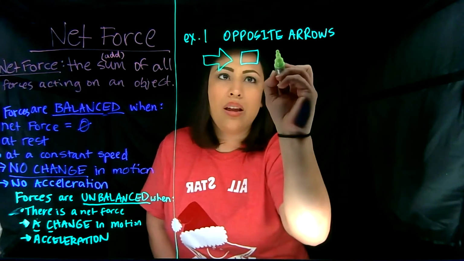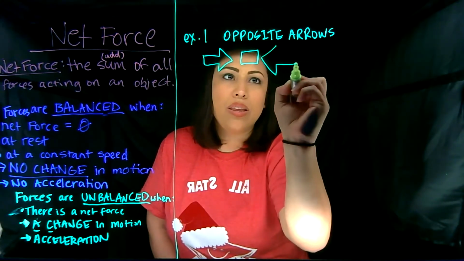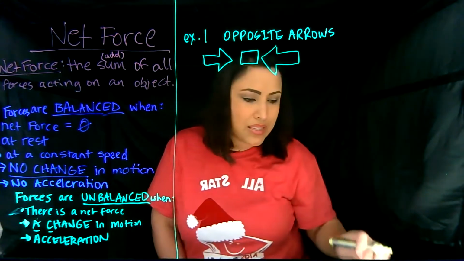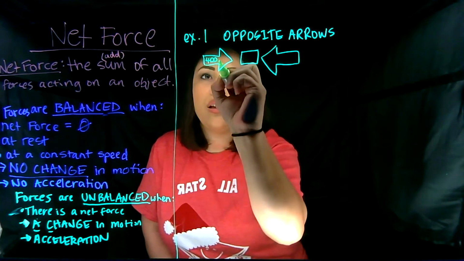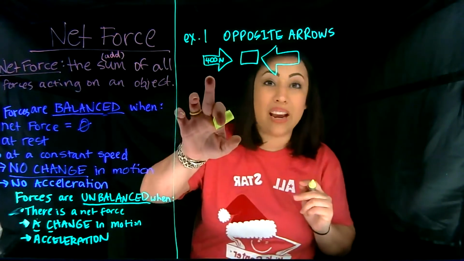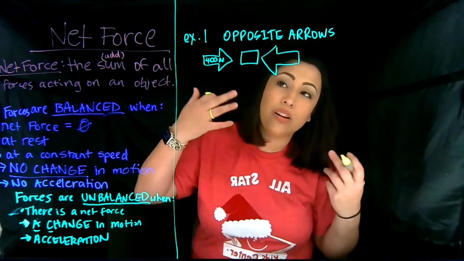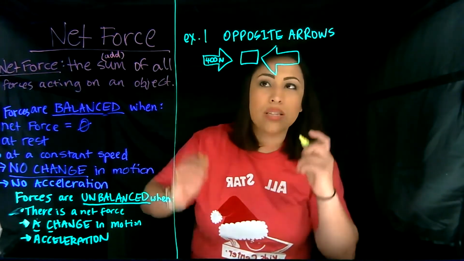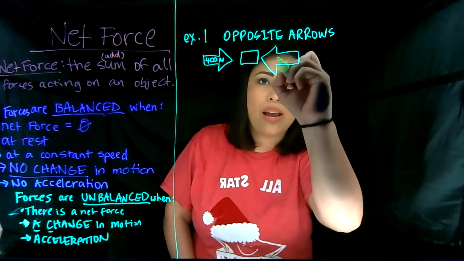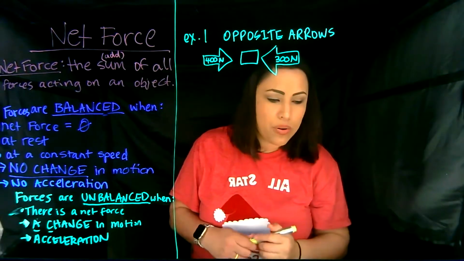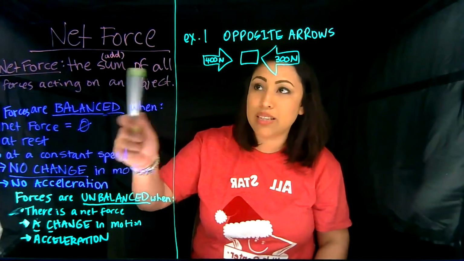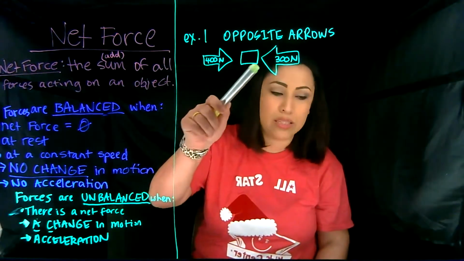When we have opposite arrows, like if I have a box here, and I have one arrow going this way, and one arrow going this way, and let's say this one's 400 newtons, so I'm going to put it in there. Newtons is just a unit of how we measure force. So this one's 400 newtons that way, and this one's going to be 300 newtons this way. So now, what is our net force, the sum of all forces acting on this box?